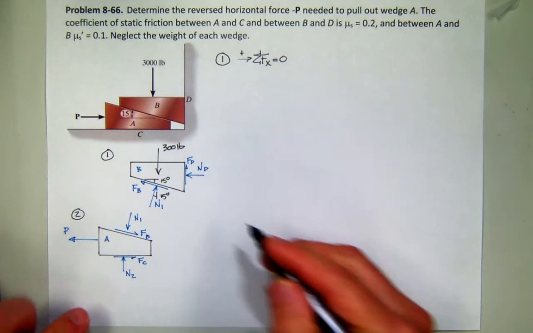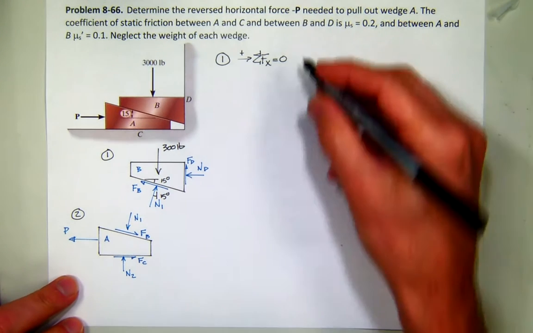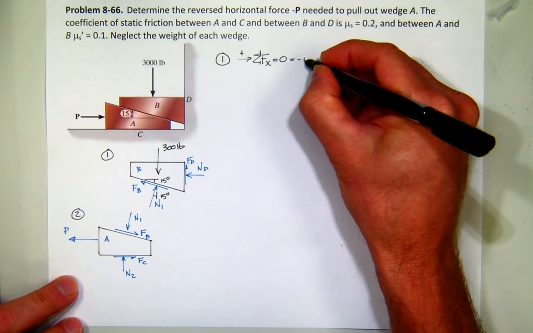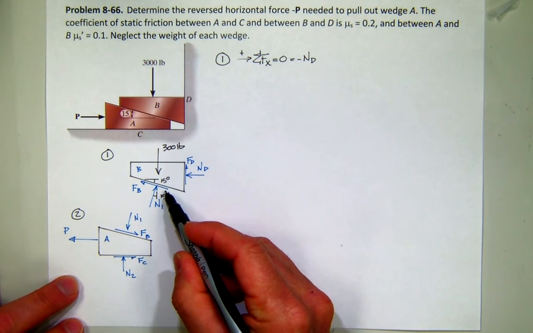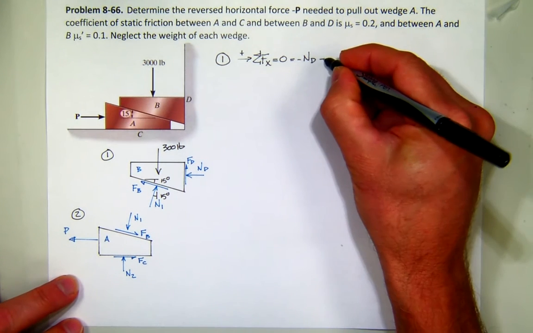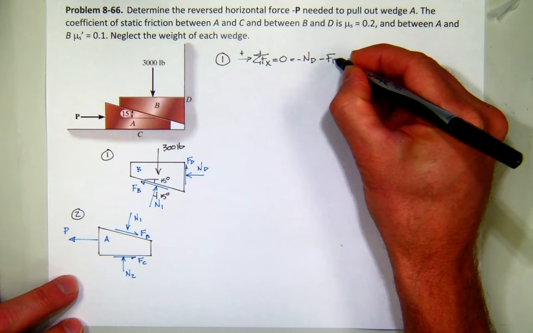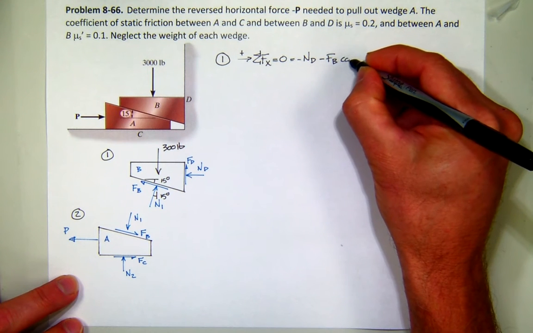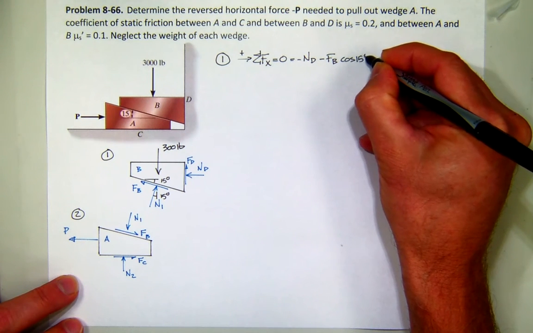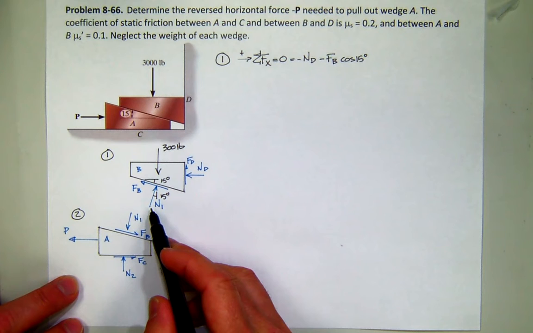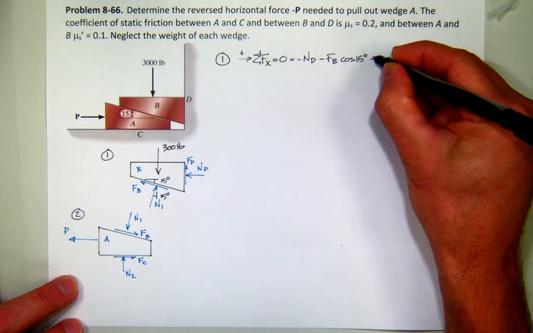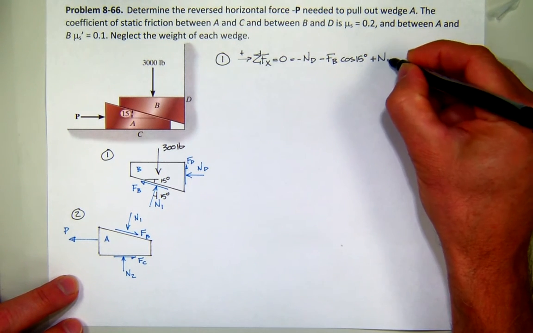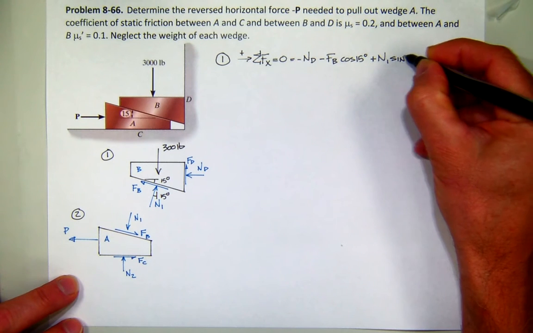So in the x direction, I would have the normal force at D, and I'd have the x component of the friction force at B, and that would be cosine of 15. And I would have the horizontal component of the normal force, and that's to the right, so that's positive. That would be N1 sine 15.